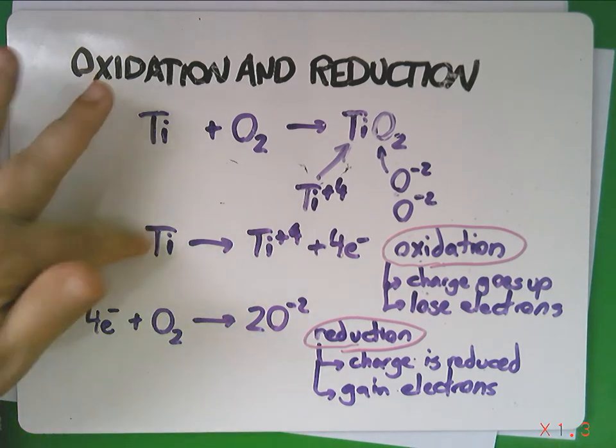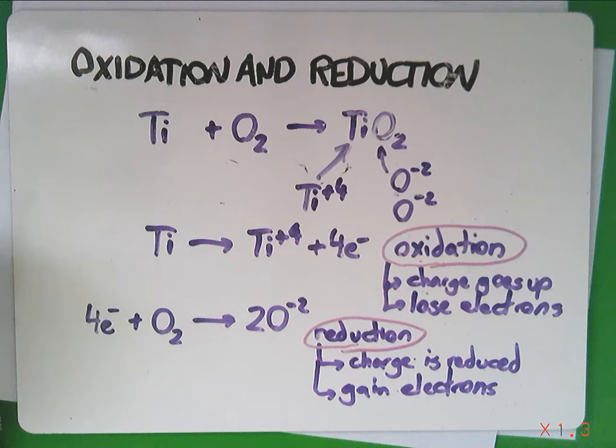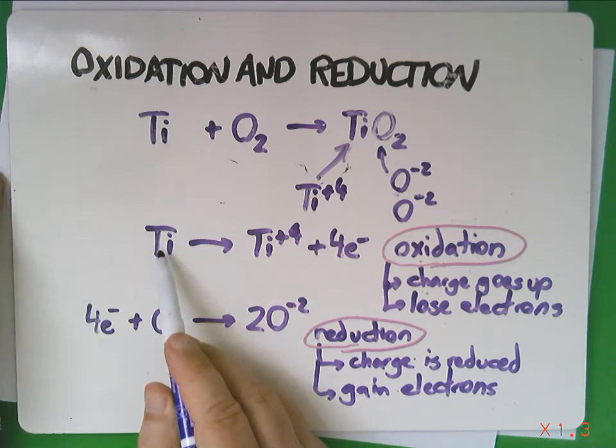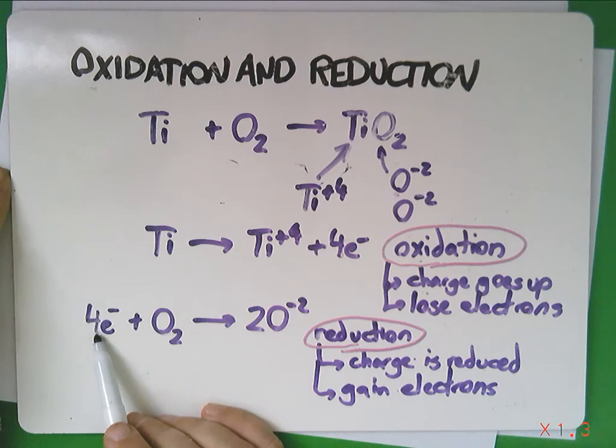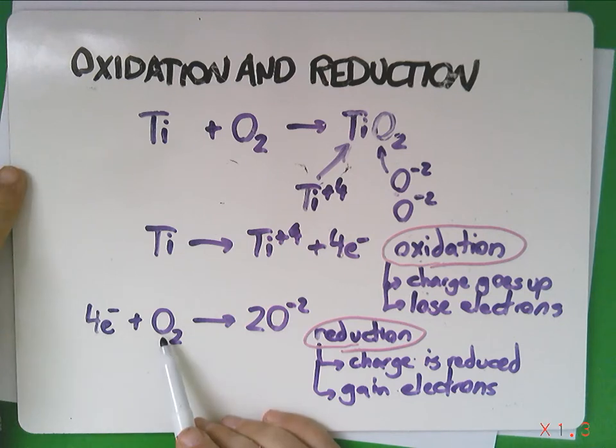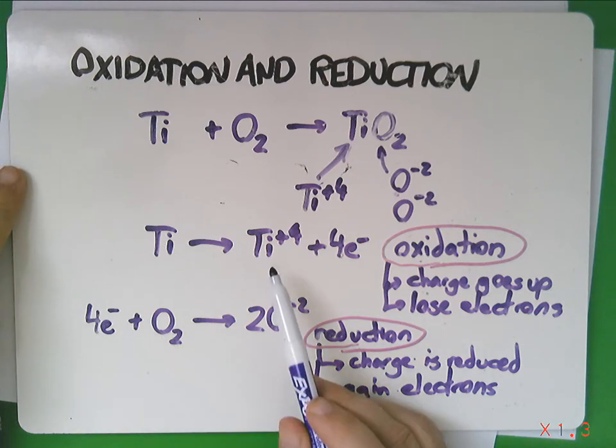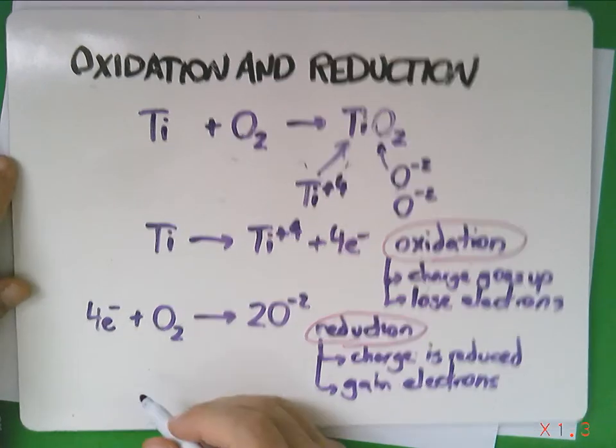We can write these two half reactions that show us the oxidation and reduction separately. But when I add the two reactions together, I'm going to get a total reaction with titanium on the left side, 4 electrons on the left side, O2 on the left side. And on the right side, I'll have a titanium. Here, let me write it down.